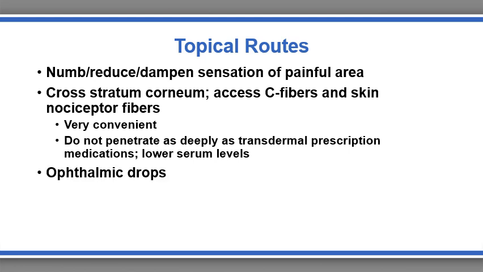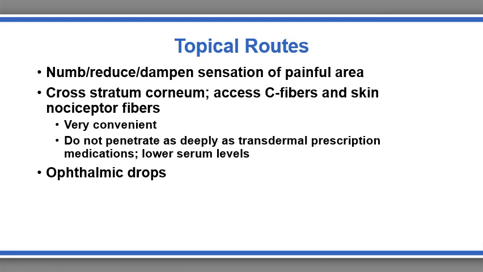There's also ophthalmic drops. Pontocaine or tetracaine is a formulation for eyes. If there's mild to moderate eye pain, that would be something where an ophthalmic drop with an anesthetic would be applied.